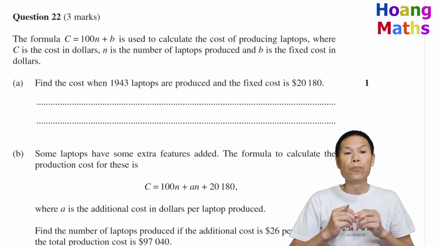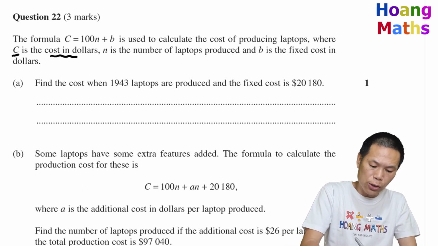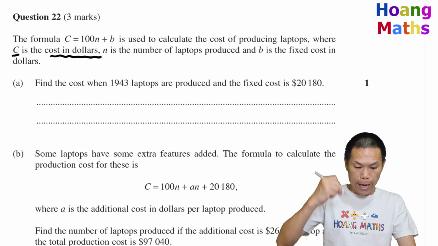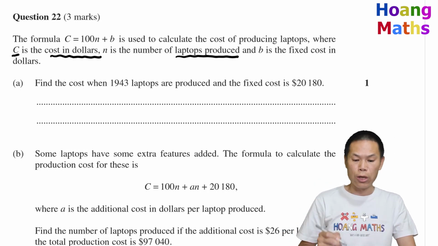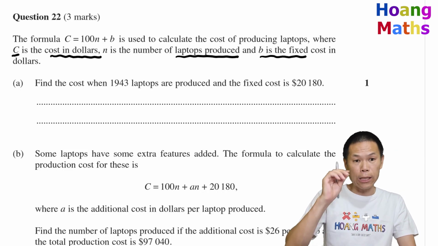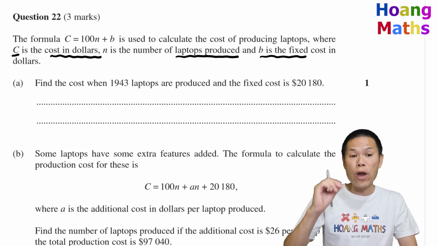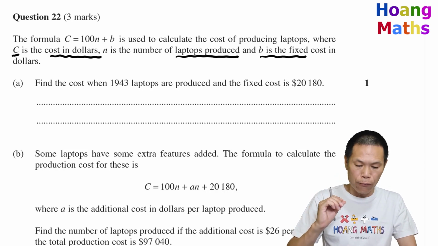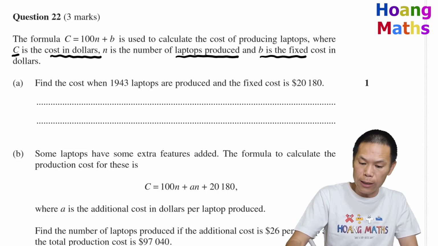Question 22. So first of all, we need to know that C is the cost in dollars, N is the number of laptops produced, and B is the fixed cost. So please take note of this, okay? Now, part A, find the cost when 1,943 laptops are produced and the fixed cost is this.